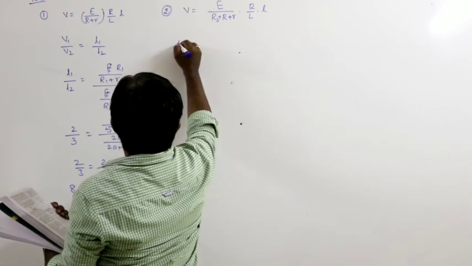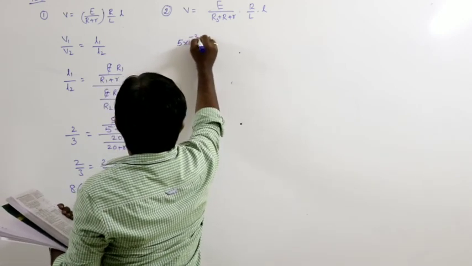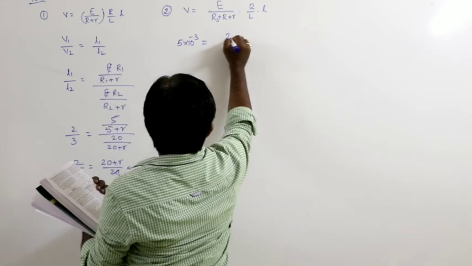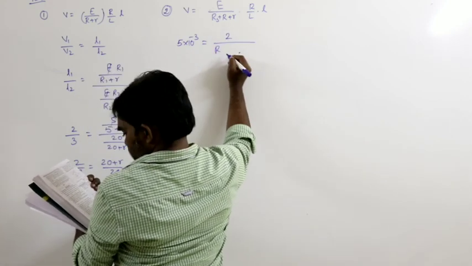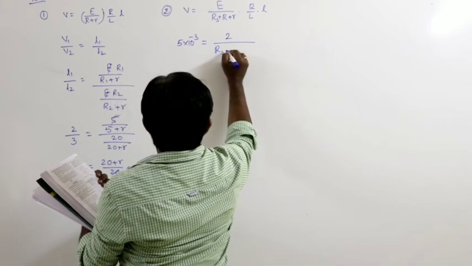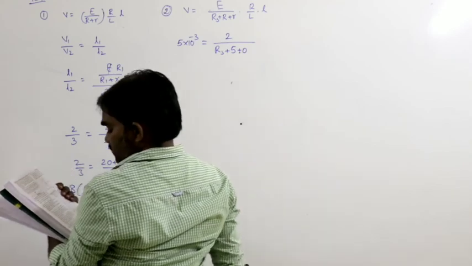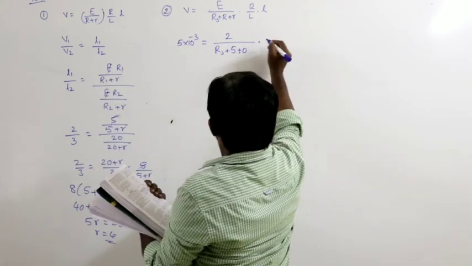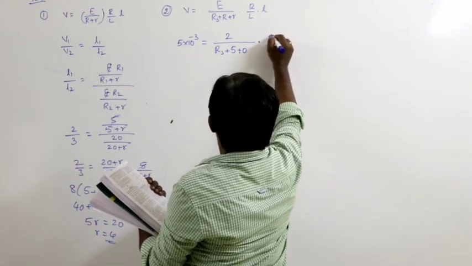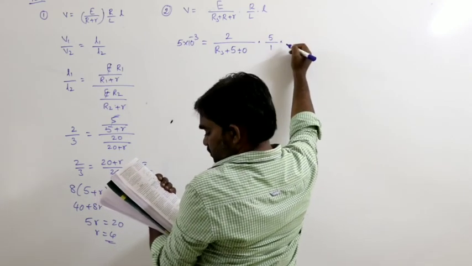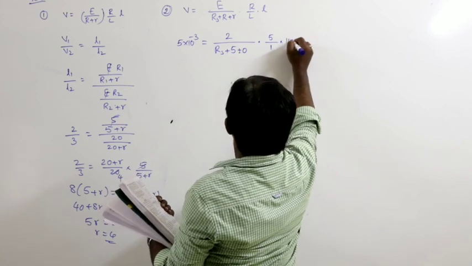So V is given as how much? 5 millivolts, 5 into 10 power minus 3. The standard cell is 2 volts. The series resistance plus the resistance of the wire is 5 ohms. The internal resistance of the cell is 0, into R, 5, divided by the length of the wire, 100 centimeters, that means 1 meter. The balancing length is 10 centimeters.